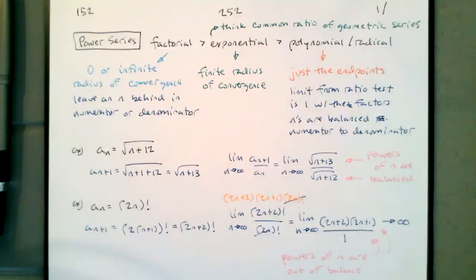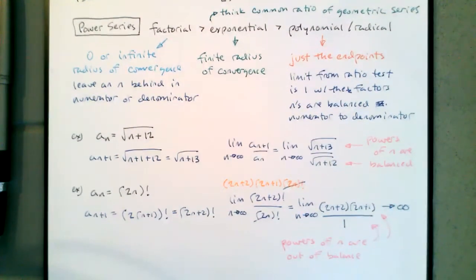We've got an n squared in the numerator and a constant, n to the 0, in the denominator. That's out of balance. With the radical that we had before, we had an n to the 1/2 in the numerator and an n to the 1/2 in the denominator, and the ratio test just ignores that.